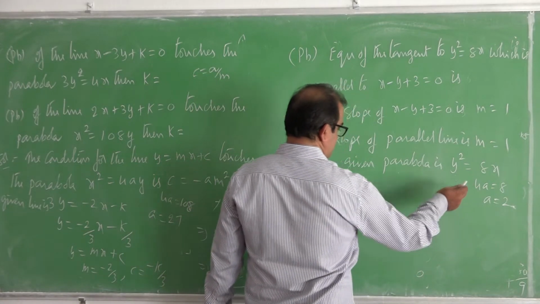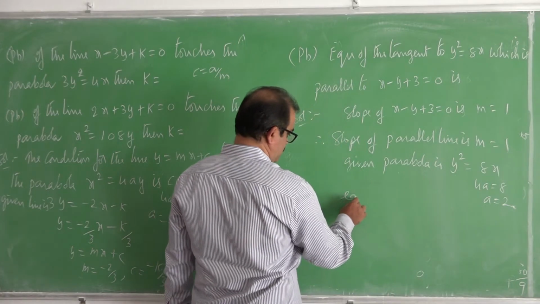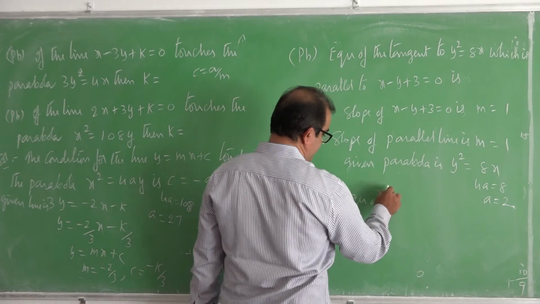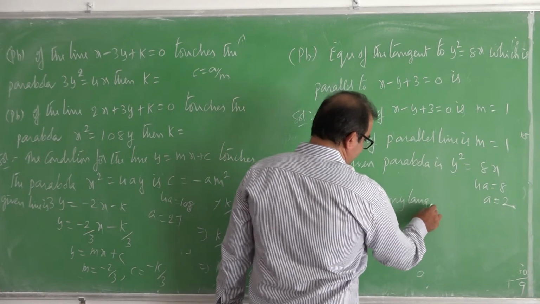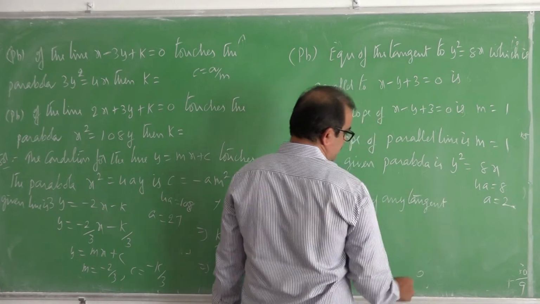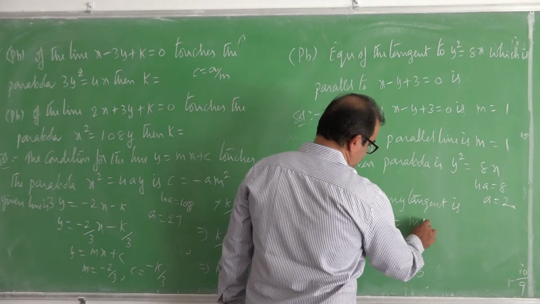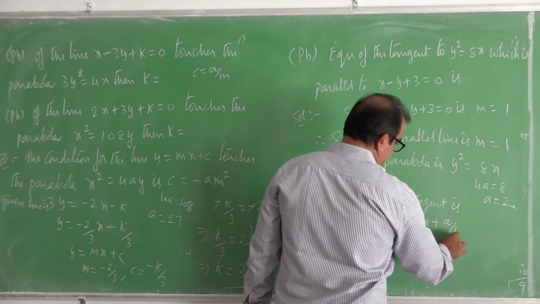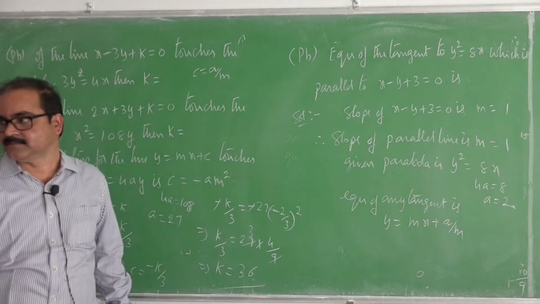Okay. When the slope is known and the a value is known, the equation of the tangent is y is equal to mx plus a by m. We discussed this formula in the previous class.